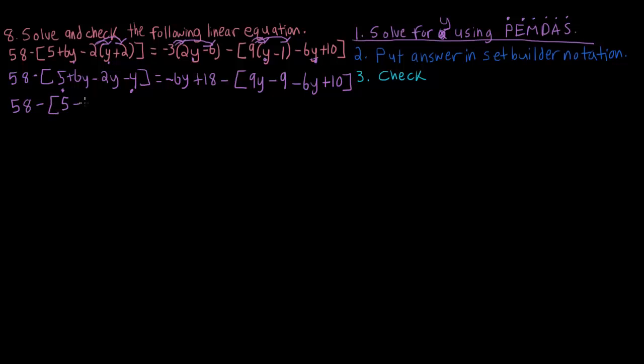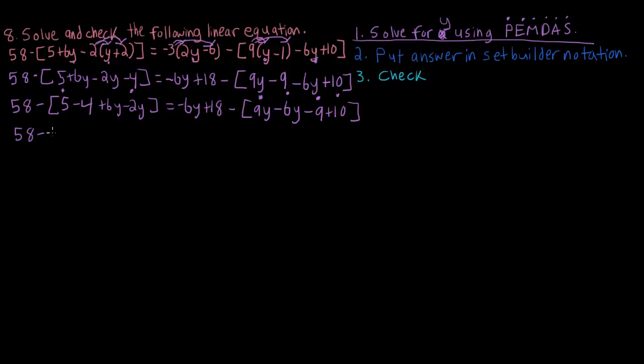So we have 5 minus 4, and then plus 6y minus 2y, close the bracket, equals negative 6y plus 18 minus, again, let's group the like terms. Let's group the y's with the variables. So 9y minus 6y, and then let's group together negative 9 and positive 10. So minus 9 plus 10.